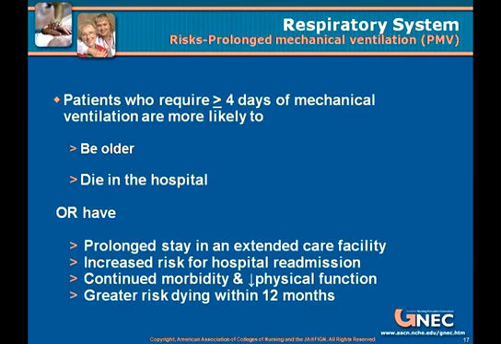So patients are more likely to die in the hospital or within 12 months of the acute care hospitalization. They're more likely, if they survive the ICU experience, to have a prolonged stay in an extended care facility, either a long-term acute care, nursing home, or rehab facility. They're at increased risk for readmission to the hospital and for continued functional impairment.